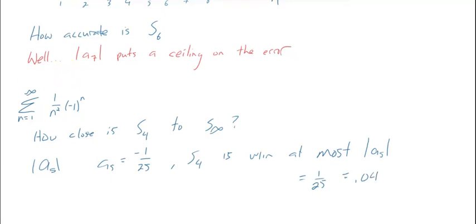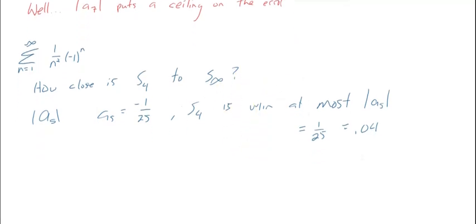So I know that if I was looking for S sub infinity, and I were to add up the first four terms, they would be within 0.04 of the infinite sum.